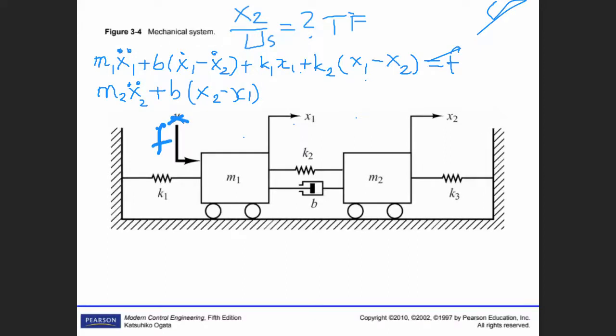Then plus K3 X2 plus K2 bracket X2 minus X1 is equal to force. Is it correct?